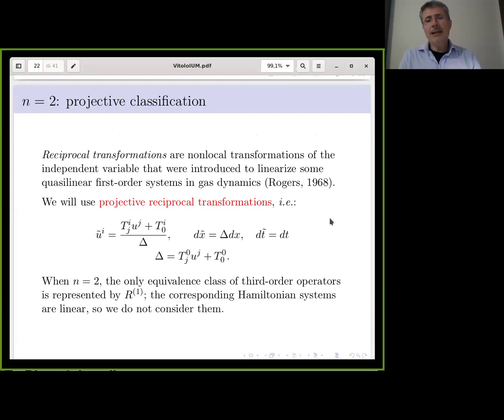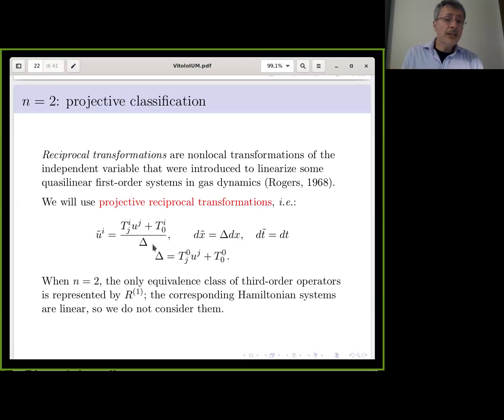The point is that if you modify the projective transformation of the dependent variables by adding a non-local transformation of the independent variable, what you see here, dx tilde is equal to delta dx, where delta is the denominator of the projective transformation. This is called a reciprocal projective transformation, and this transformation preserves the canonical form of the third-order operator. So this means that we can use the classification of higher-order operators based on projective reciprocal transformations.